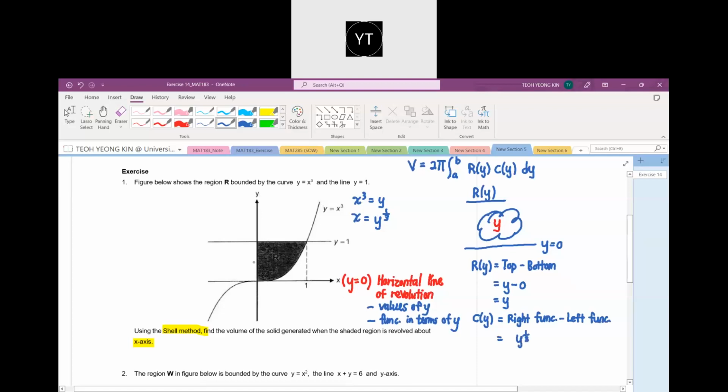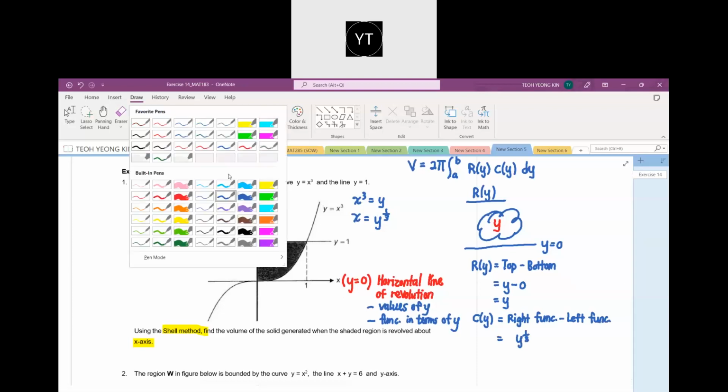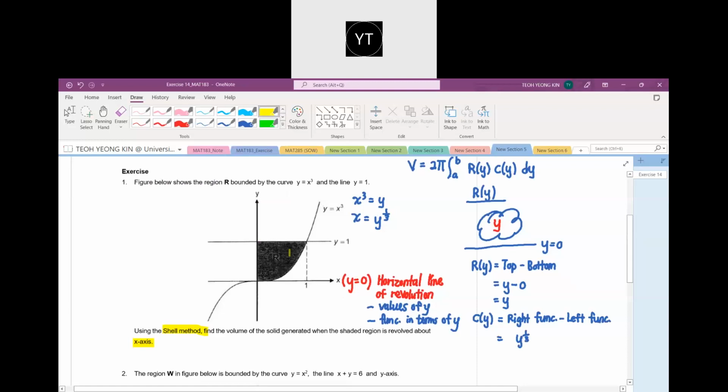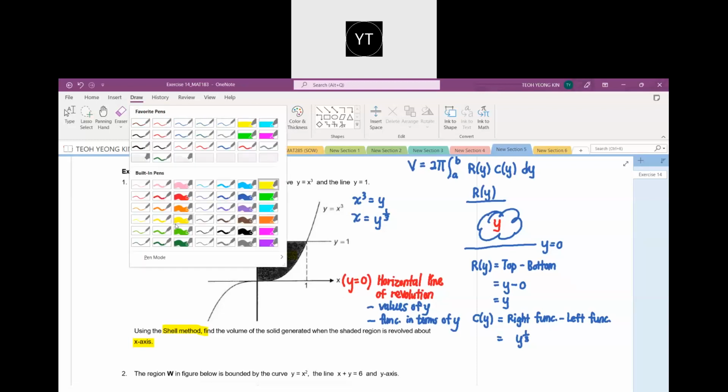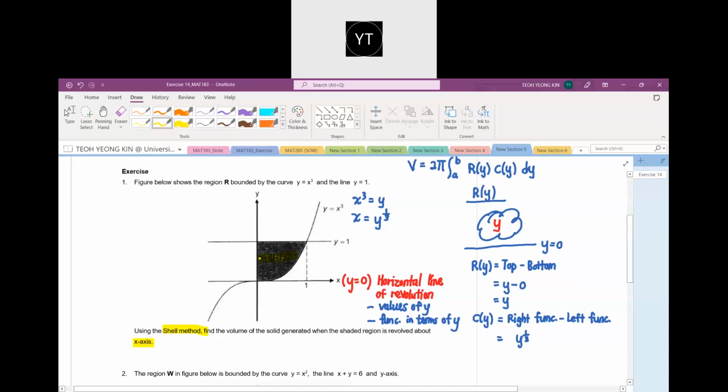Based on this shaded region, here is left and here is right.